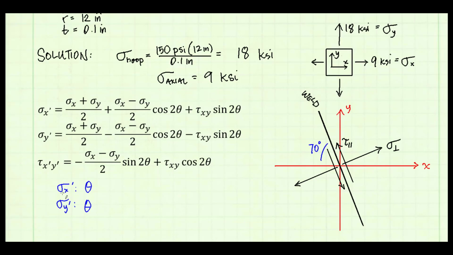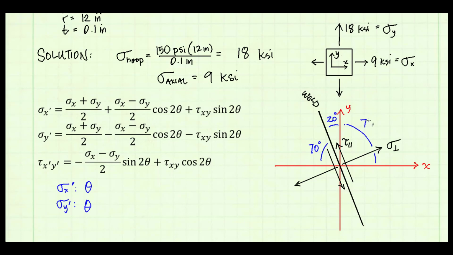Let's consider the sigma x prime equation first. The sigma x prime equation measures theta from the positive x-axis. I know the orientation of the weld relative to the x-axis, it's 70 degrees, so I know that the difference in this small wedge angle between the weld and the y-axis is 20 degrees. Since my normal stress is perpendicular to the weld, then I know the angle between the normal stress and the weld is 90 degrees.